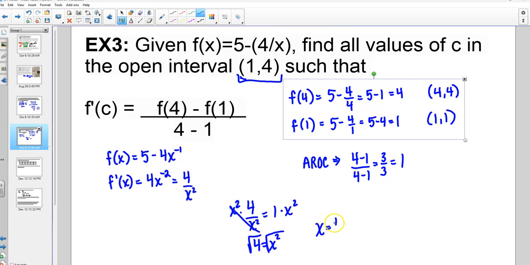Technically, there you get a plus or minus 2. But should we use both of those answers? We're only looking from 1 to 4, so we just want to say that our c would equal just 2. The answer's not always 2, it just has happened to be for these two problems.